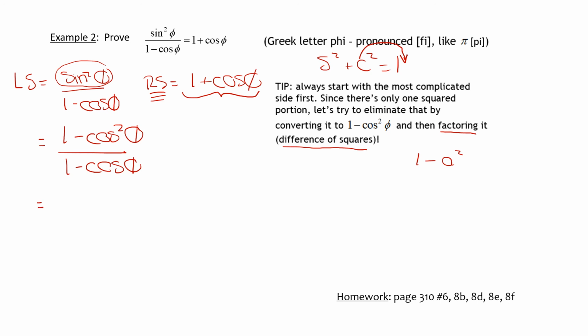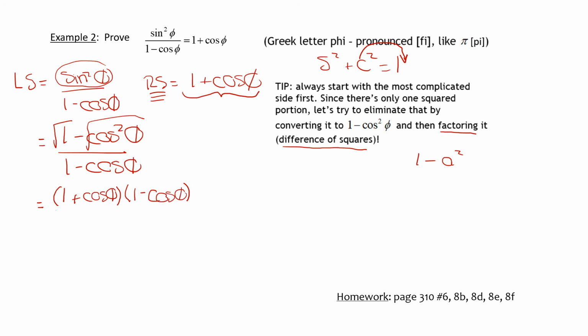You can change it to a. So this is a difference of squares. That means I set up two brackets, one with a plus sign, one with a minus sign. The square root of the front term goes at the front. The square root of the back term goes at the back. That's just going to be cos phi. There's cos phi there.